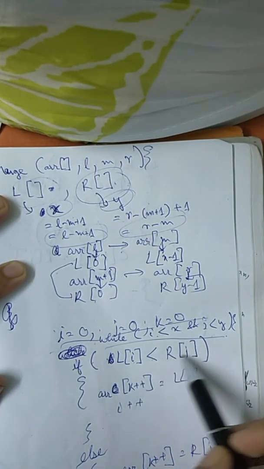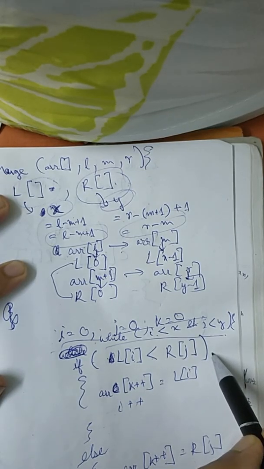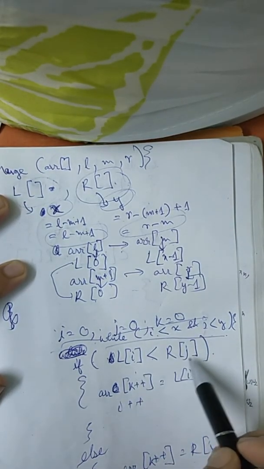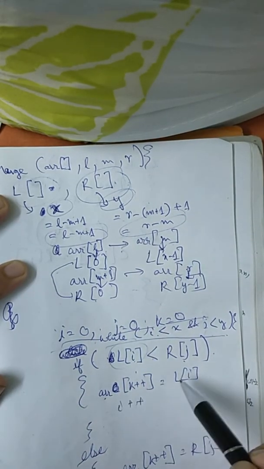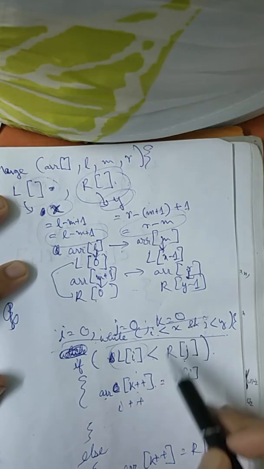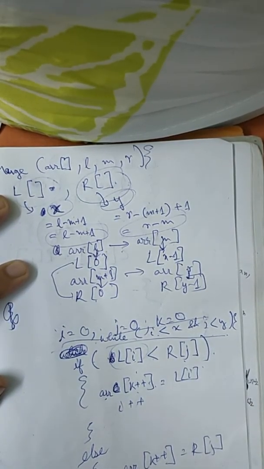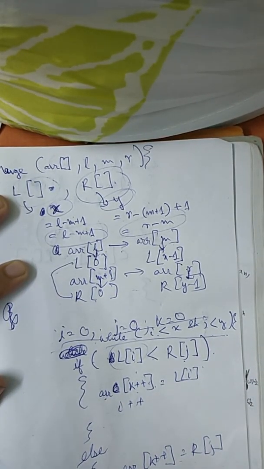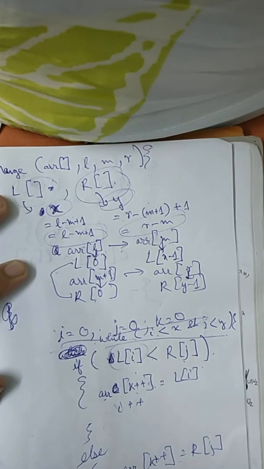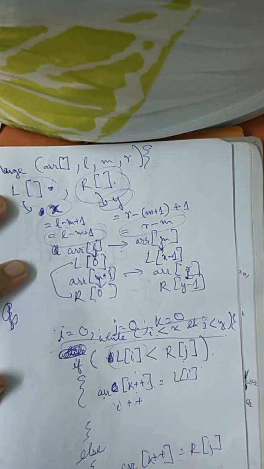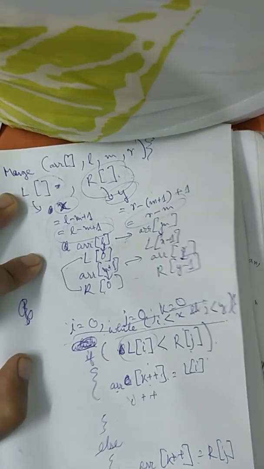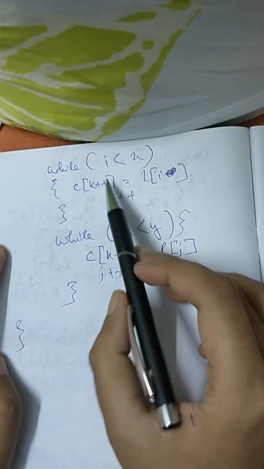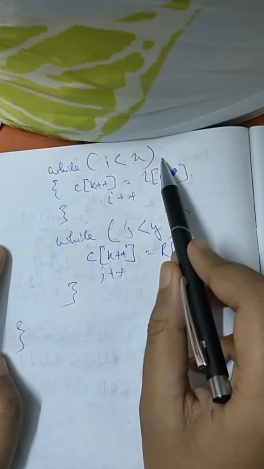If L of i is less than R of j, that is, if the left array's ith element is less than the right array's jth element, then this is smaller, so we copy it to ARR of k, which is 0 initially, and else we copy R of j, and do i plus plus or j plus plus accordingly. Okay, and we end our while loop here when one of the arrays gets over. When one of the arrays is over, the remaining part of the other array gets copied.